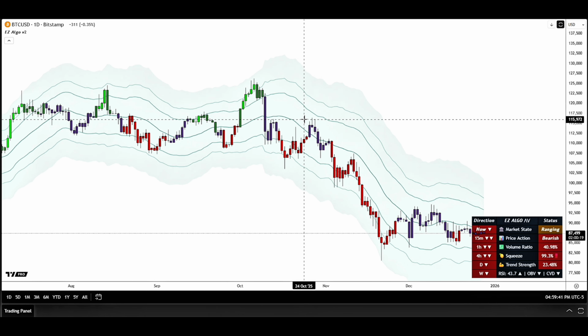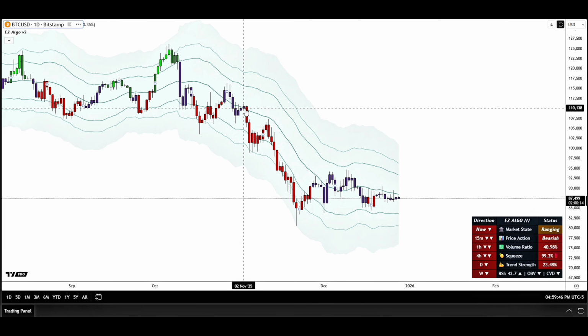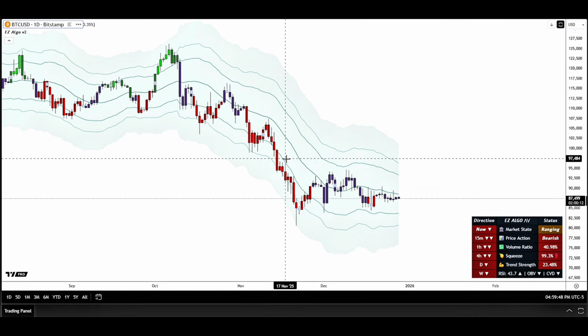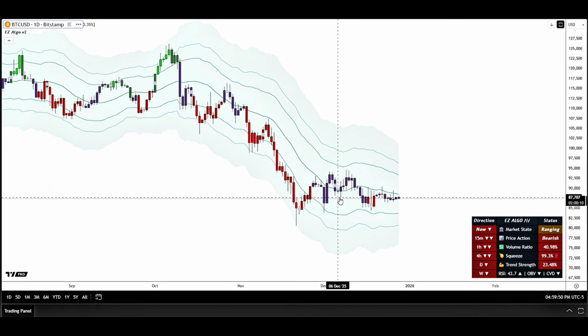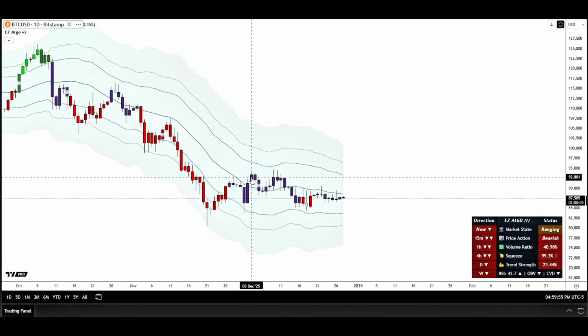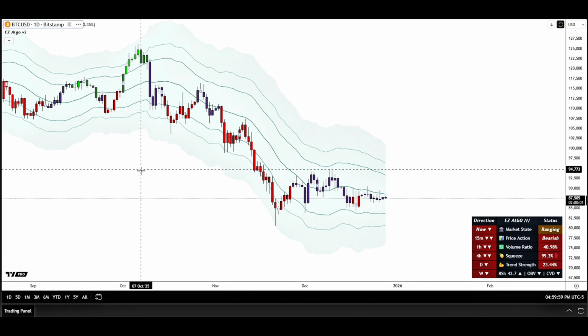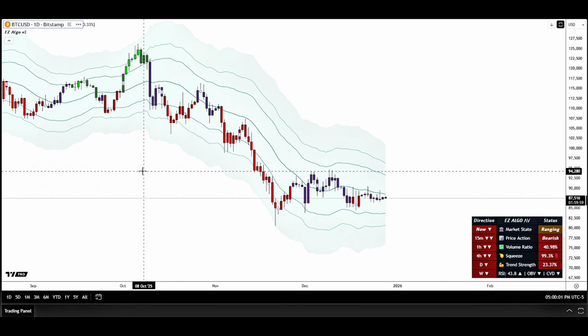Swooped down here, bounced, failed. And then it started trending hard underneath our mid reversal zone line until now it is just doing this really crappy, sideways, choppy price action as these bands flatten out. So this is super useful just to find out potential reversal areas.